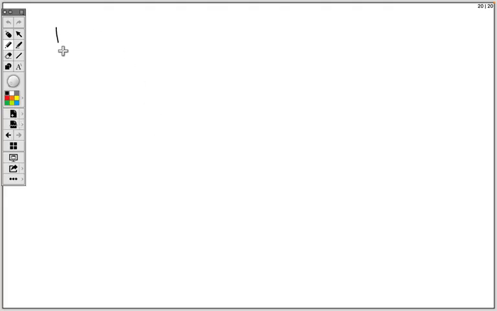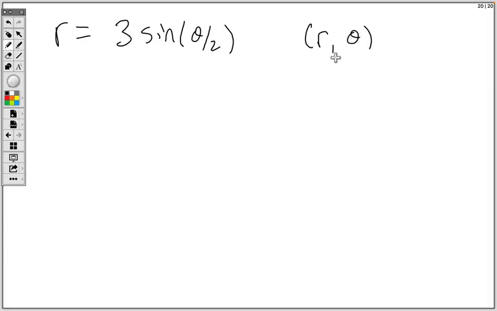Well, let's start with, say, r equals 3 sine of theta over 2. Remember that for a point to be on the graph, r and theta have to satisfy this equation. But there are infinitely many representations.